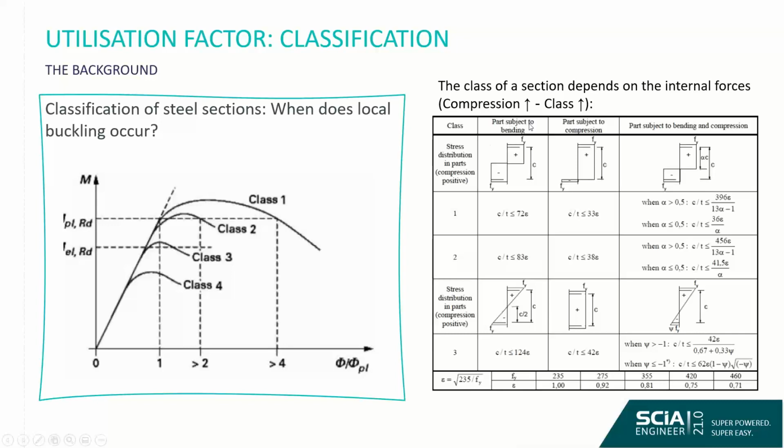If you have full bending or full compression or something in between, you will find different limits for the different classes. The thing I want you to mostly remember is that the more compression you have inside your section, the more strict these limits will be. Of course, more compression leads to higher chances of buckling, so this is quite logical.